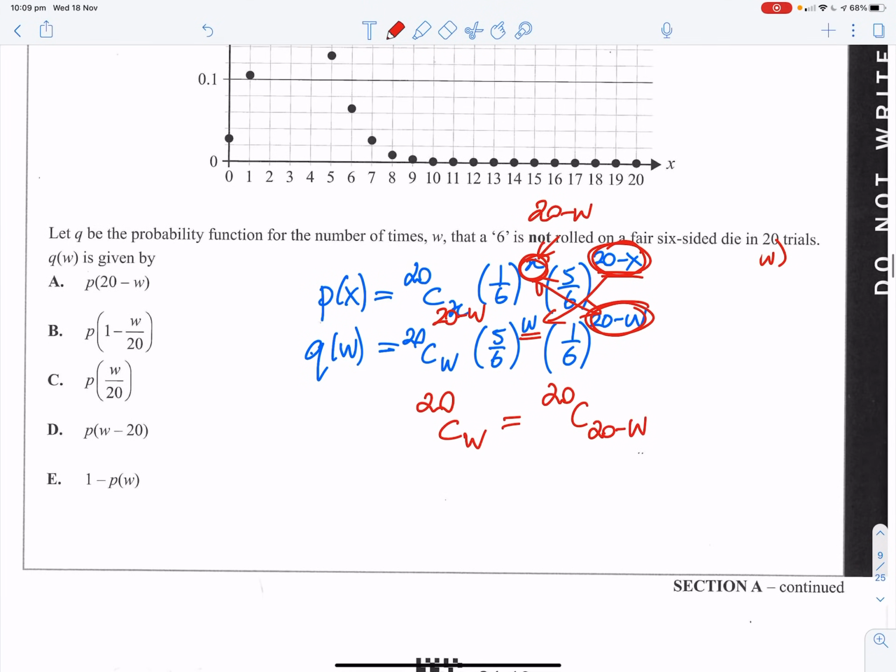Because of the symmetry, we know 20c1 is equal to 20c19. So it's w minus 20. If I replace that with a w minus 20, it's the same as that. If I replace that with a w minus 20 minus w, it's going to be that. And those, because of symmetry, they are the same thing.